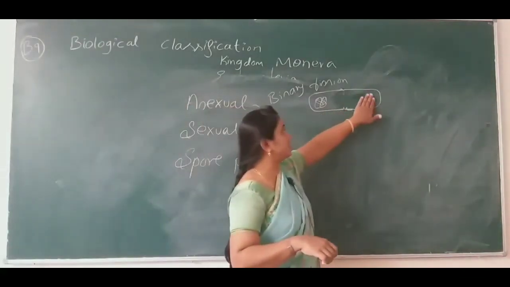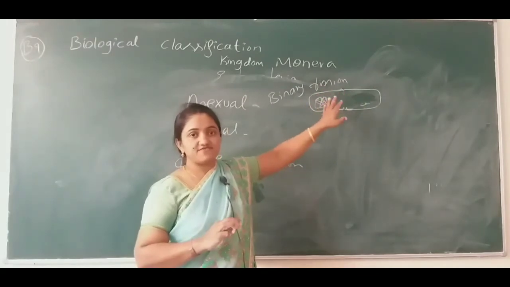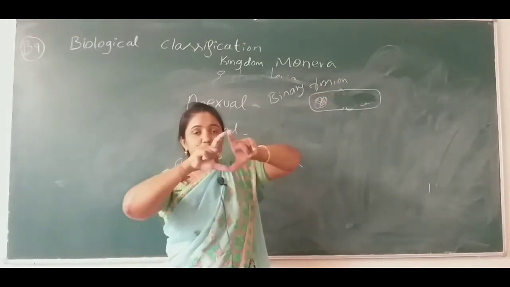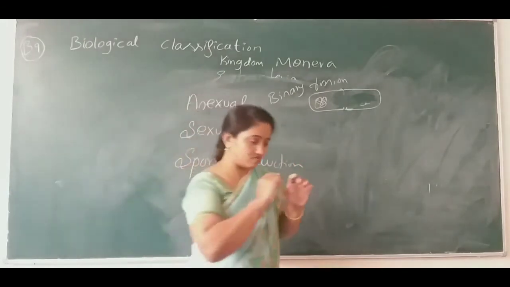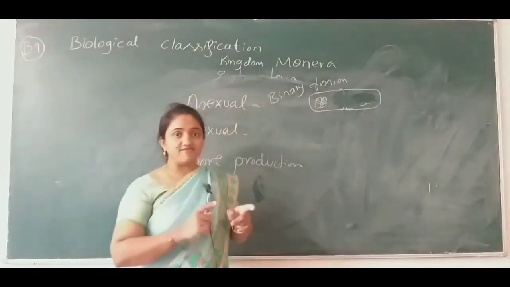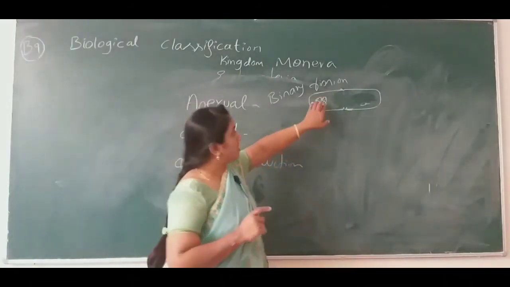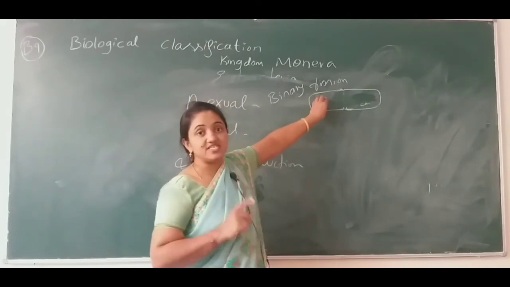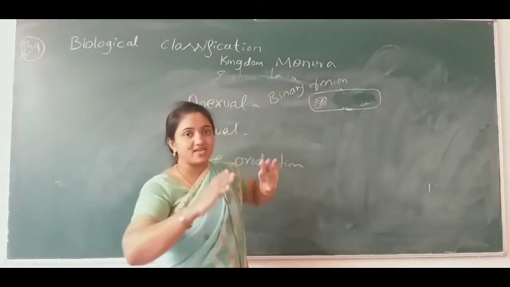Only one DNA is there in the bacterium. When it is mature enough to divide, primarily it will divide its DNA first and all the organelles will divide equally.